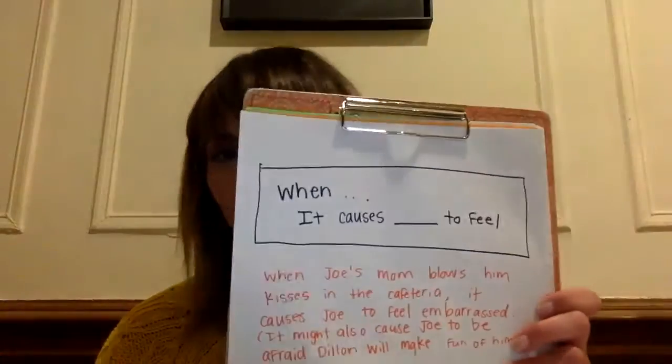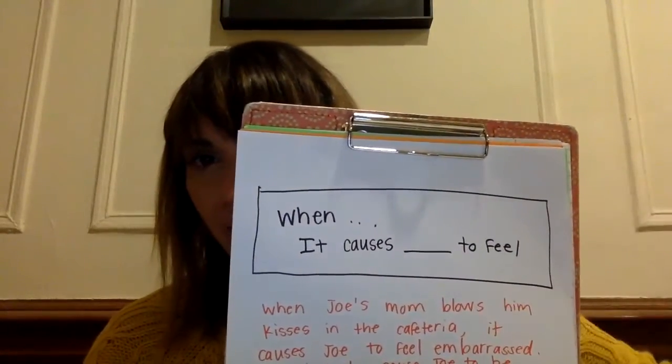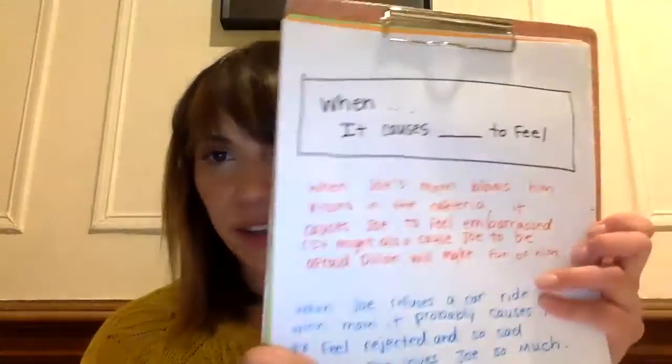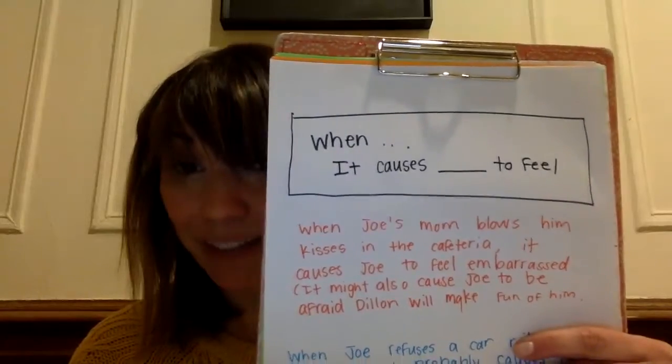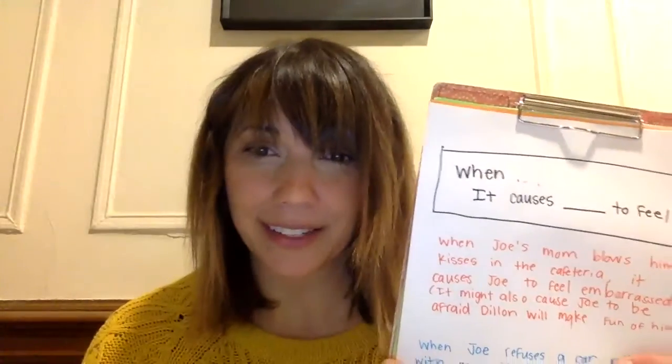And so the way we can think about it is like this. When something happens, it causes blank to feel. And so I'm thinking this. When Joe's mom blows him kisses in the cafeteria, it causes Joe to feel embarrassed.